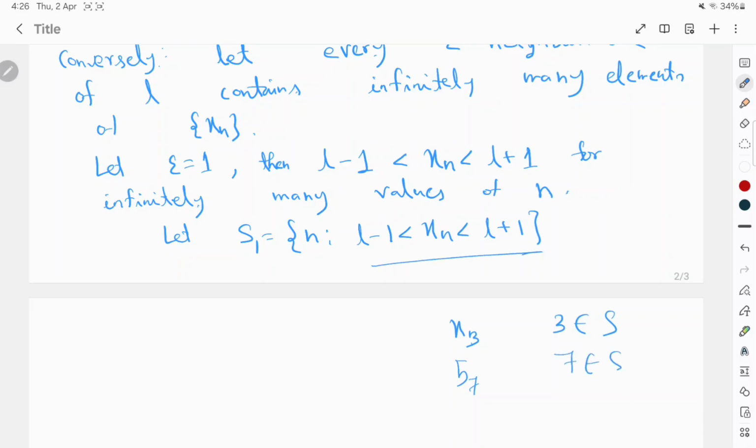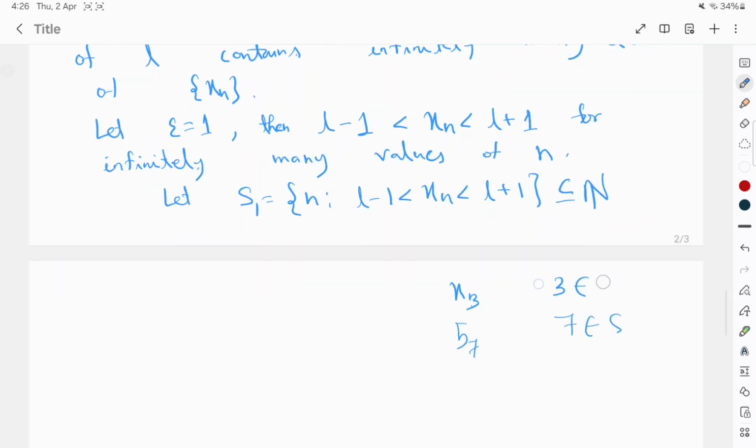In this way you are constructing S1. Now I think Somit sir did the theorem that every subset of natural numbers has a minimal element. This is called the well ordering property. So let that element be R1.